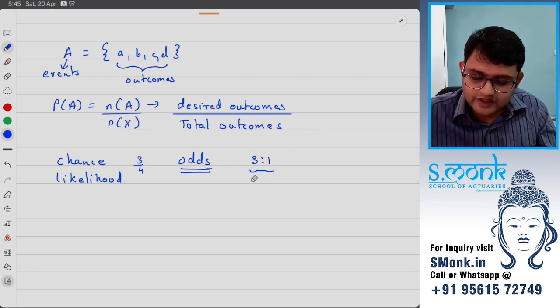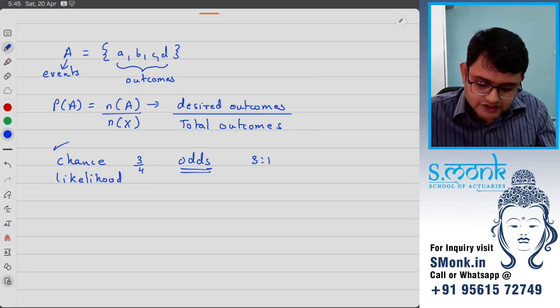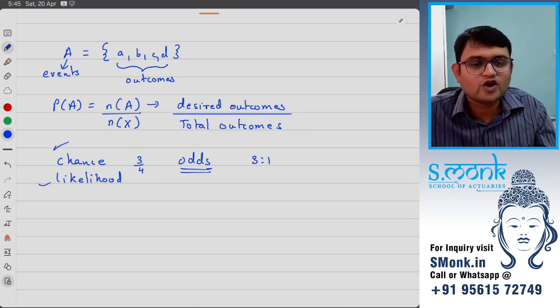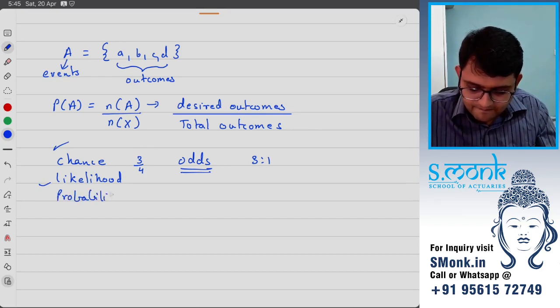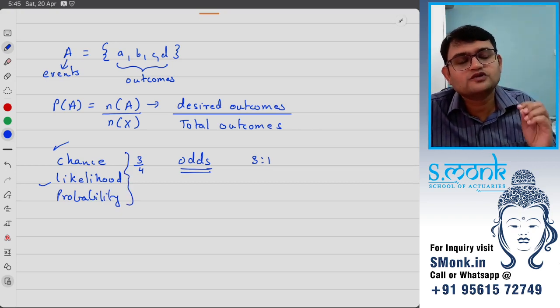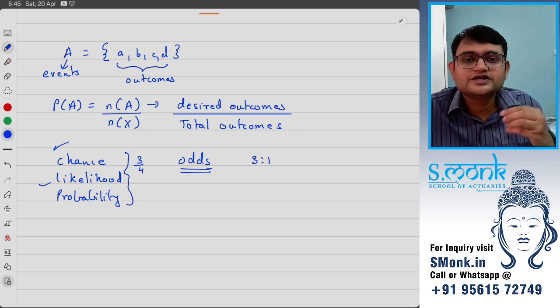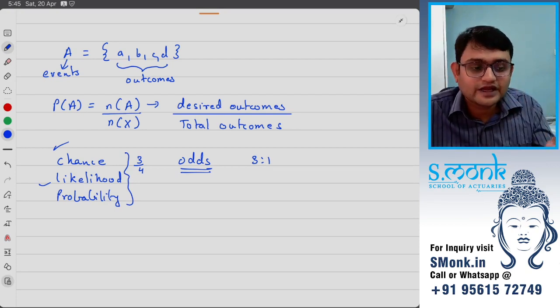And when we convert it into probability, it becomes 3/4. So chance, likelihood and probability, all three of these terms mean the same. These are the 3 terms that I myself will always use interchangeably. If I use the word likelihood, it just means probability.